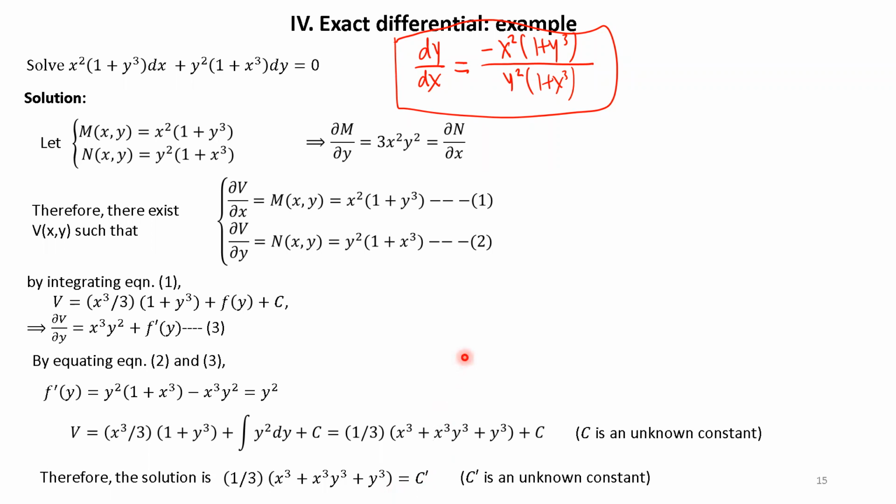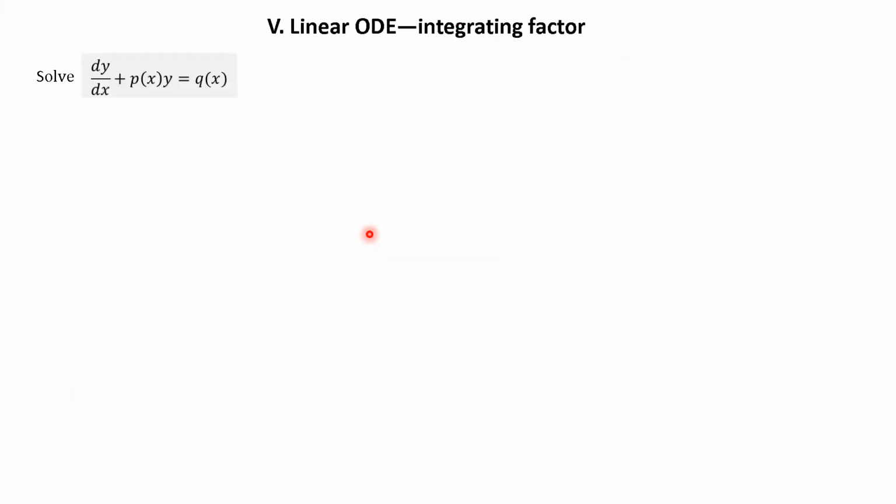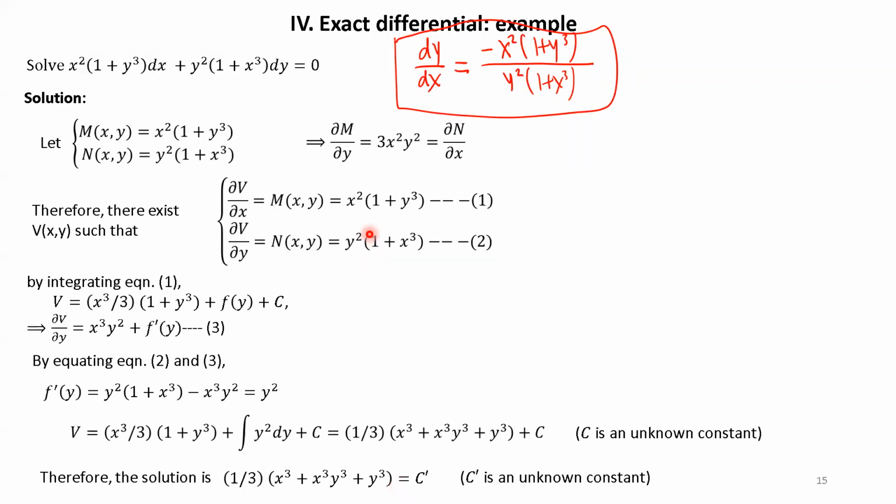If you are familiar with how to find the potential function from the conservative field, these procedures should not be unfamiliar to you. But if not, you need to go back and review that part.